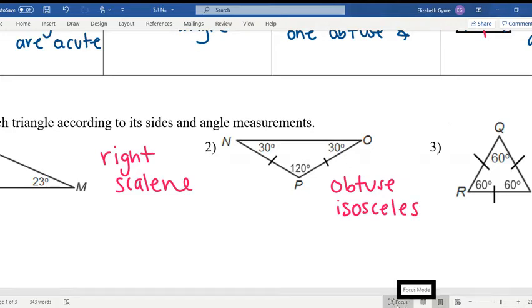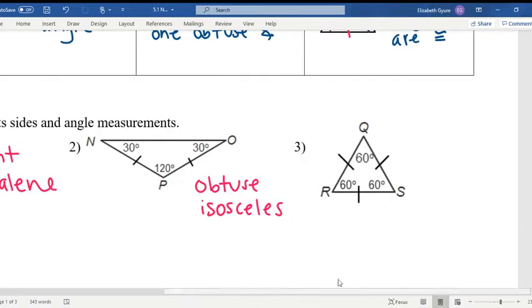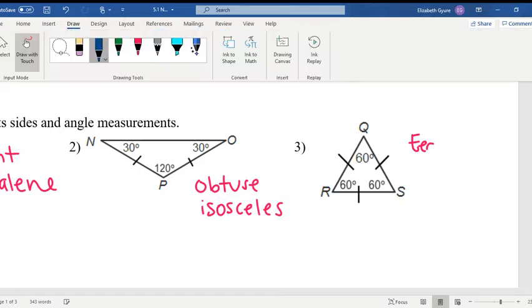Good. And then number 3. Charlie, what do you think about number 3? Exactly. Do we have three different sides marked as congruent? Yes. Are all 3 angles 60? Yes. So all the sides are congruent. All the angles are congruent. This is equiangular. Ooh, spelled that wrong.